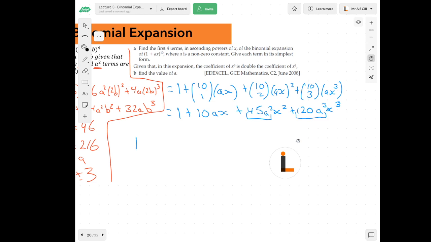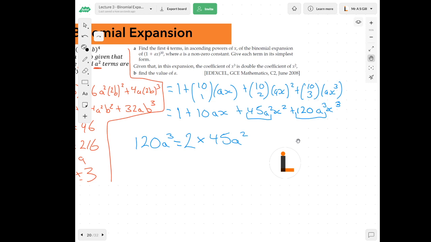So the coefficient of x cubed is 120a cubed, and this value is double the coefficient of x squared, which is that.